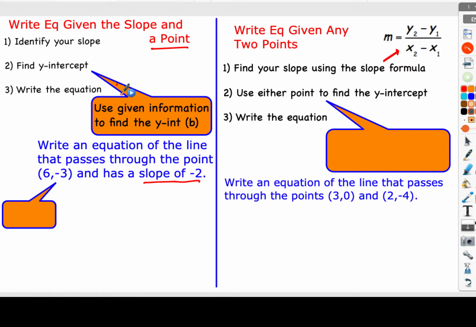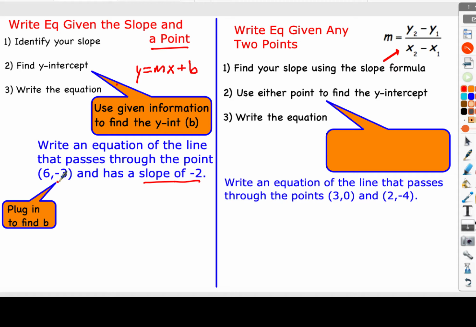Now, how do we do that? Well, use the given information, right? Use what else they gave us, that 6, negative 3, by plugging that into y equals mx plus b, right? That's what I'm trying to write, the slope-intercept form equation.